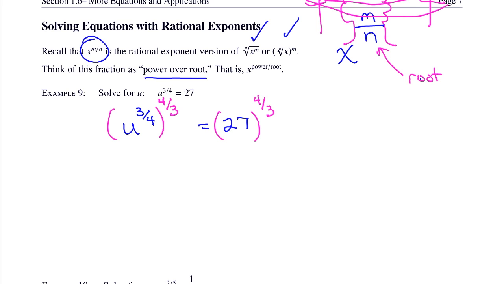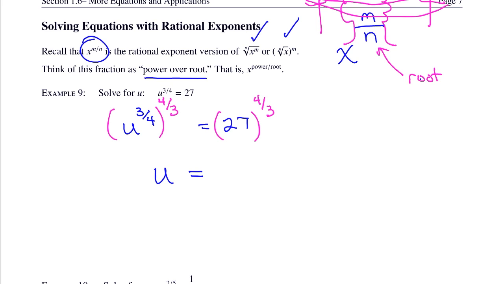So on the left, we have u to the 3/4 to the 4/3. Remember, if you were simplifying that, you would multiply those exponents together. 3/4 times 4/3 is 1. So this is just u. And this is now equal to 27 to the 4/3 power. I'm going to convert that to one of our radical forms.